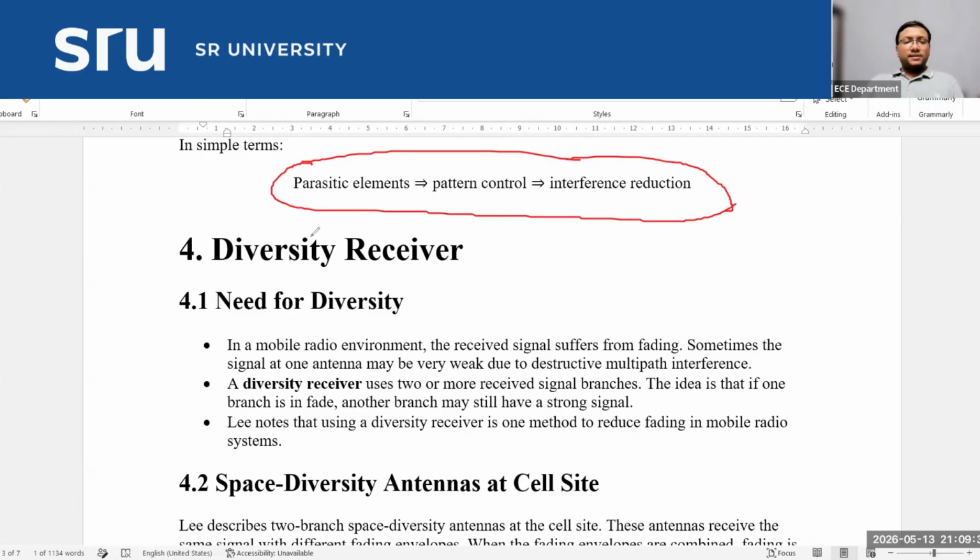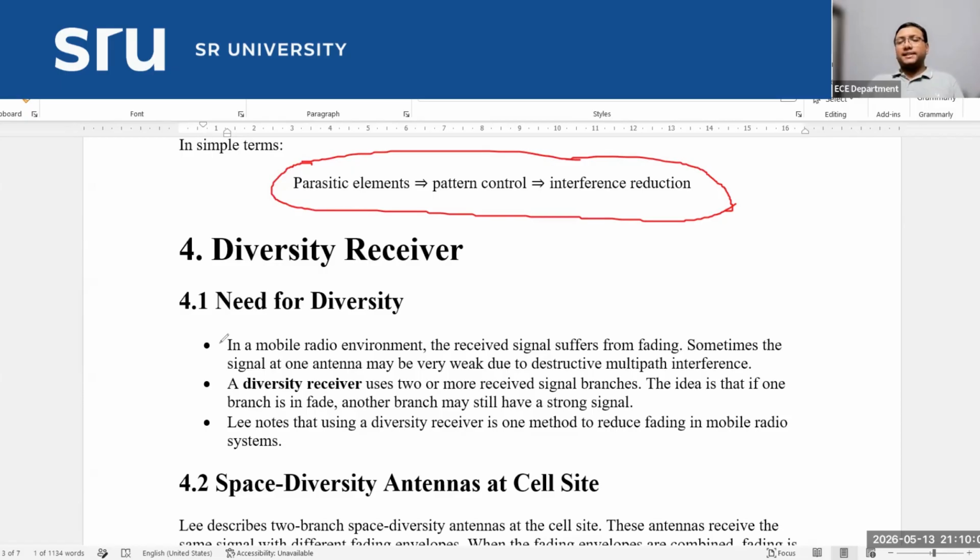Now let us come to the concept of diversity receiver. So what is a diversity receiver? We have learned in the first lecture that whenever a mobile device or mobile station is used in a mobile radio environment, mobile radio means there will be some buildings, there will be some trees.